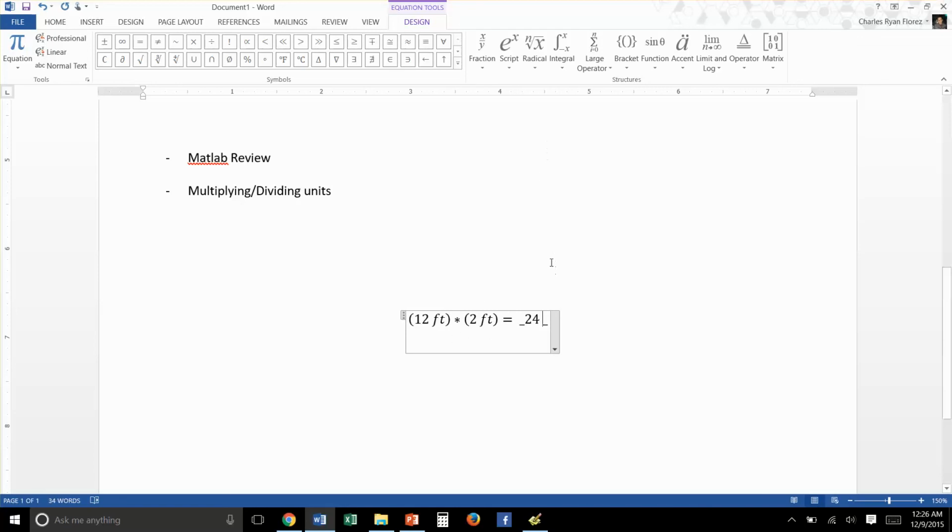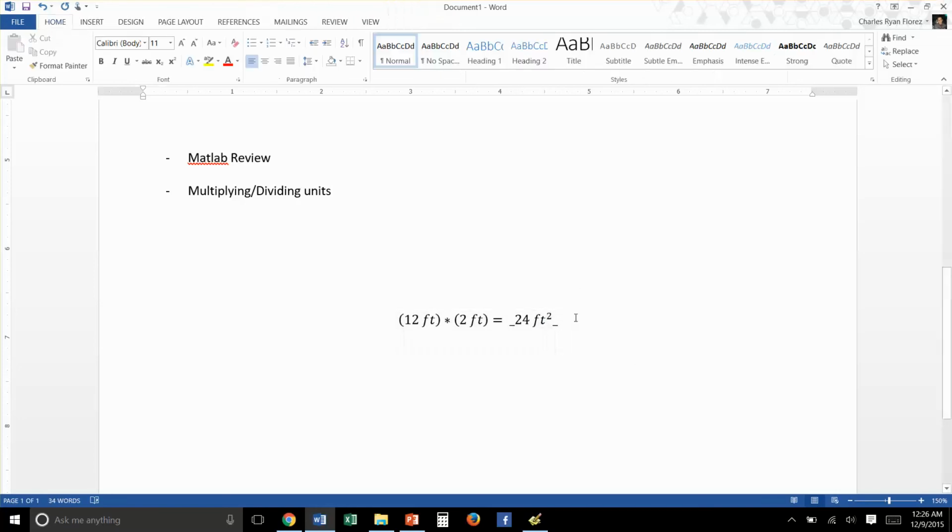So you get 24 feet squared. So make sure to take note of this, that way you don't make any mistakes like that, if there are any smaller questions like that in the exam.